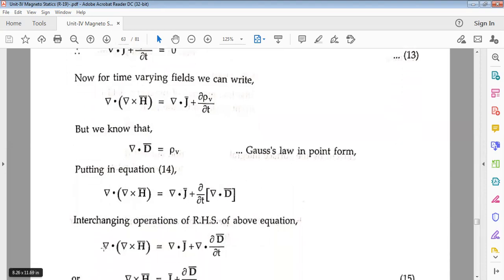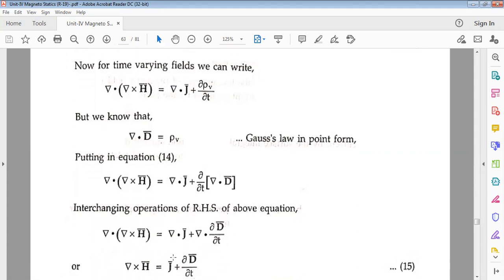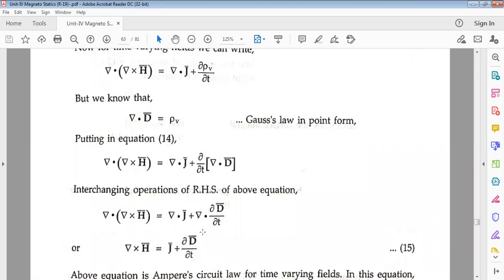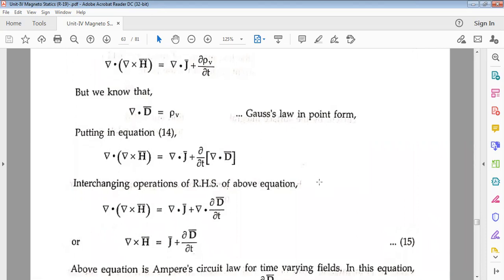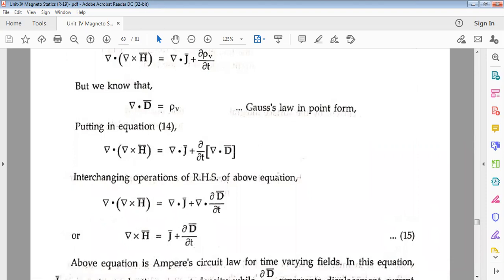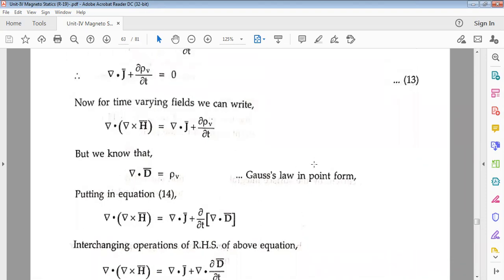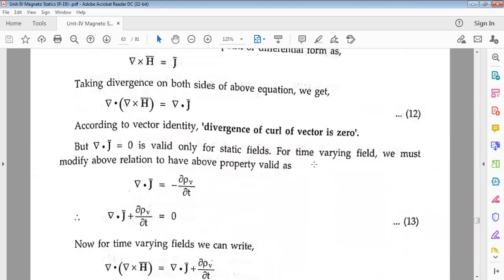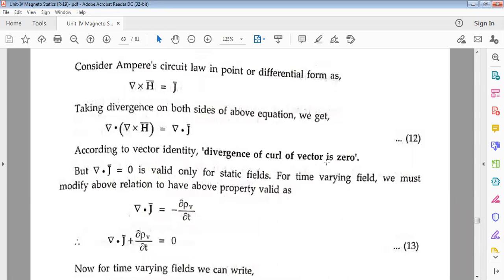So del dot del cross H̄ is equal to del dot J̄ plus, bringing that inside, del dot ∂D̄/∂t. On both sides there is a del, which means del cross H̄ is equal to J̄ plus ∂D̄/∂t. It is also the modified equation of del cross H̄. Like that, we can derive the modified Ampere's circuit law.